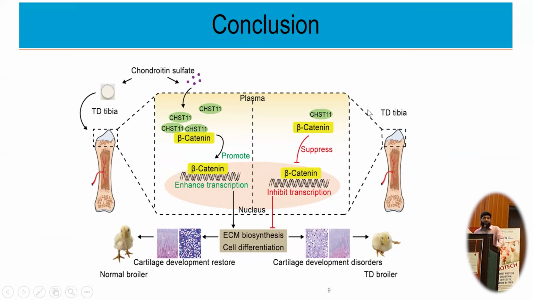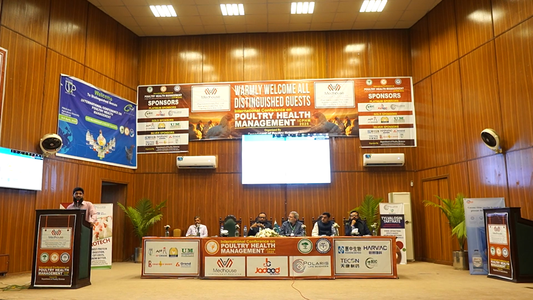This gene expression suppresses the protein expression, which ultimately inhibits the transcription process in the nucleus. When this process is inhibited, ultimately the extracellular matrix cannot be synthesized normally and cell differentiation doesn't start. So birds will suffer from tibial dyschondroplasia.